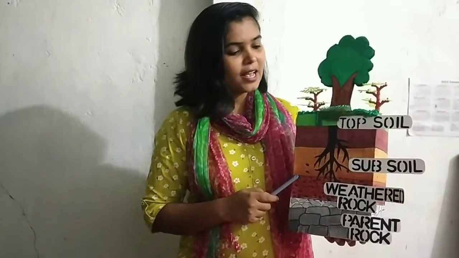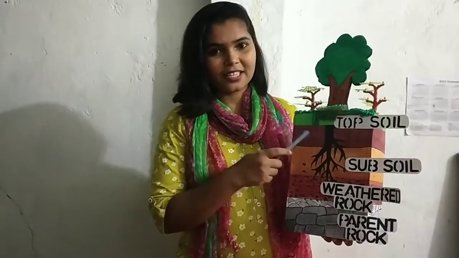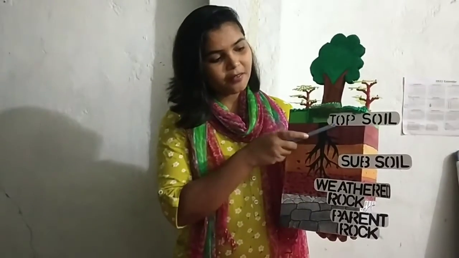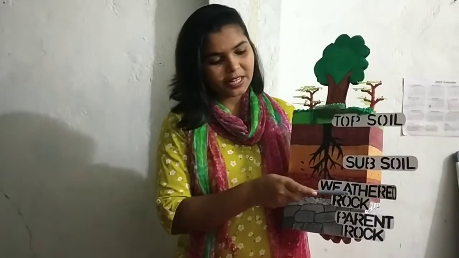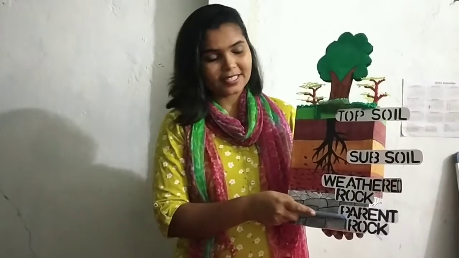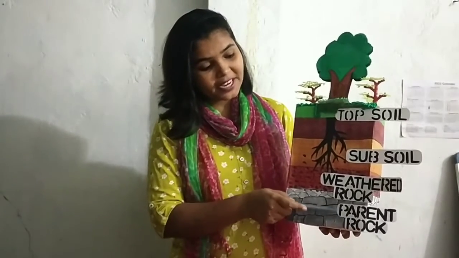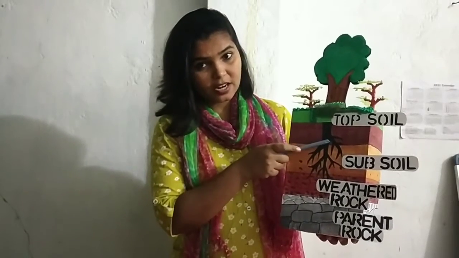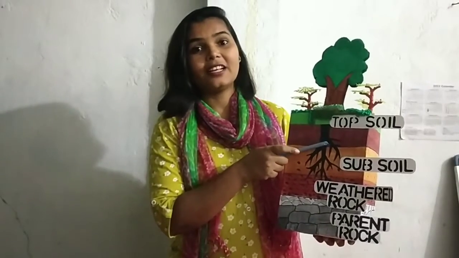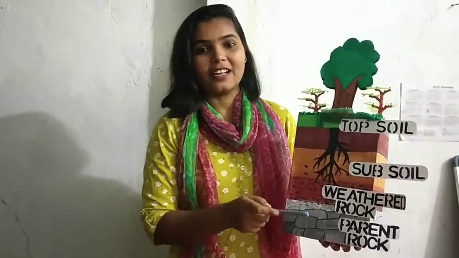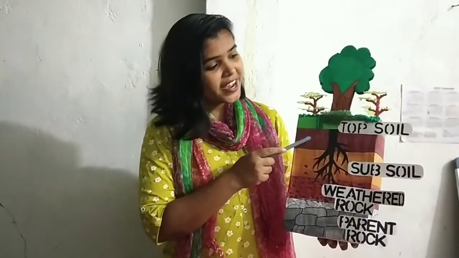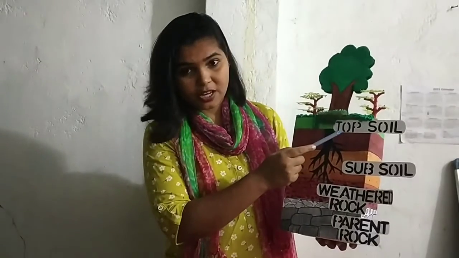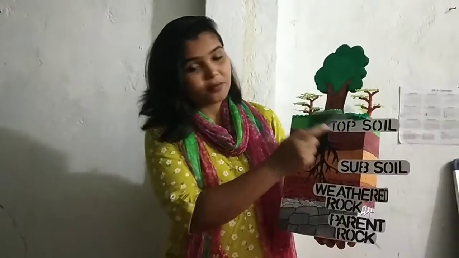As we can see in this model, there are 4 layers of the soil, right? And this arrangement of the 4 layers of the soil is called the soil profile. The topmost layer of this soil is called the topsoil.